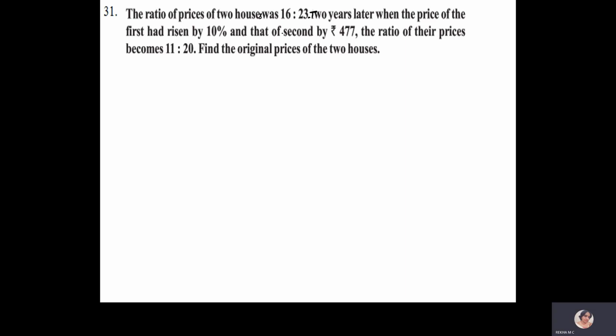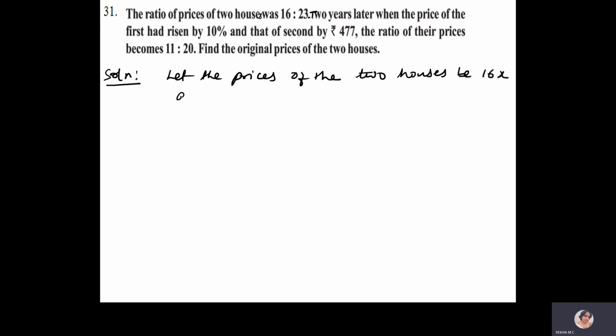The ratio of prices of two houses was 16:23. 2 years later, when the price of the first had risen by 10% and that of the second by rupees 477, the ratio of their prices becomes 11:20. Find the original prices of the two houses. Solution. Let the prices of the two houses be 16x and 23x.